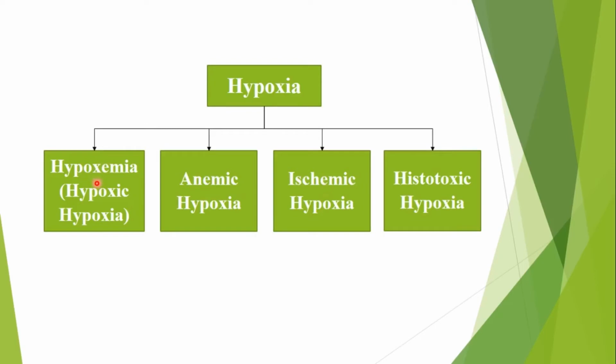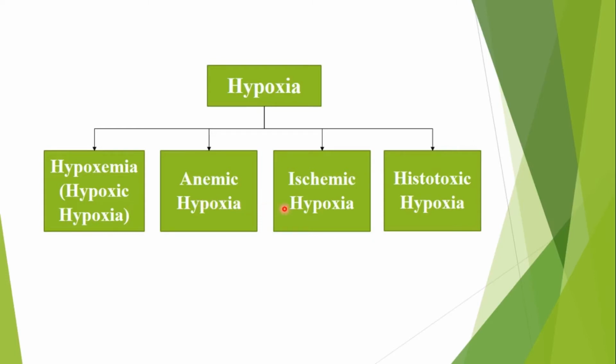In hypoxemia, the partial pressure of oxygen in the arterial blood is reduced. In anemic hypoxia, the arterial partial pressure of oxygen is normal, but the amount of hemoglobin available to carry oxygen is reduced.